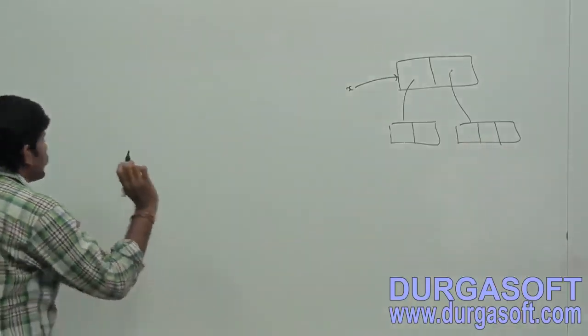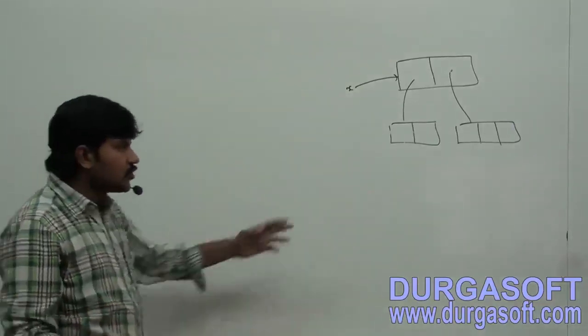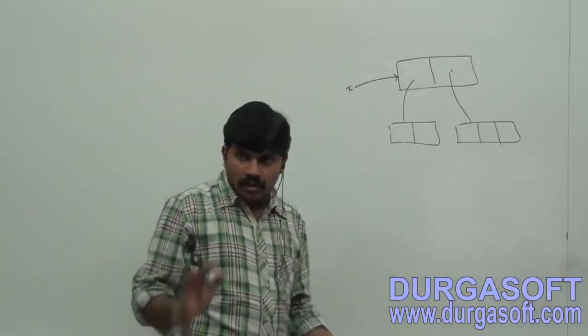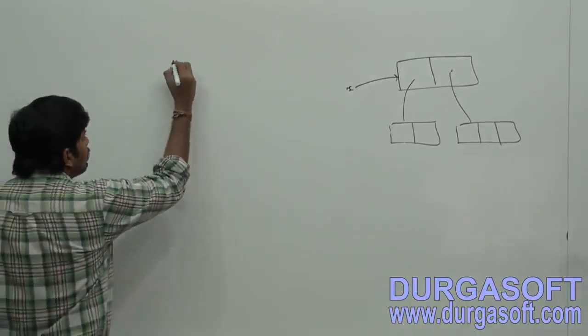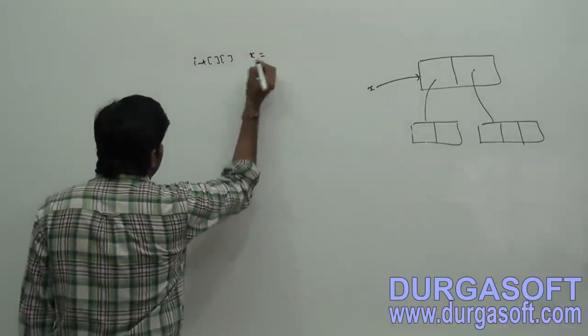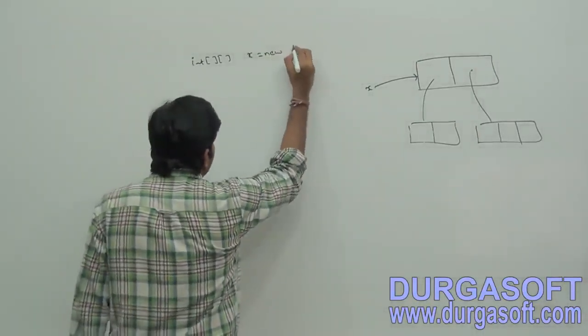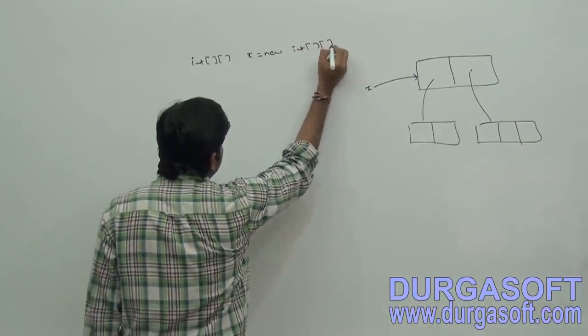How to create this? Simple. How can we write Java code for this, because sometimes the size is 2 and sometimes 3? You may have that doubt. Simple: int 2-dimensional array x is equal to new 2-dimensional array.